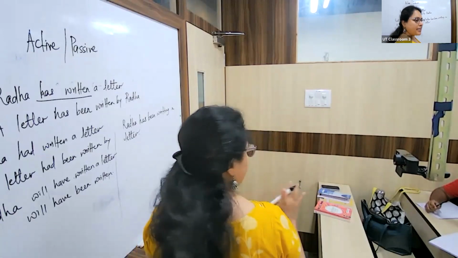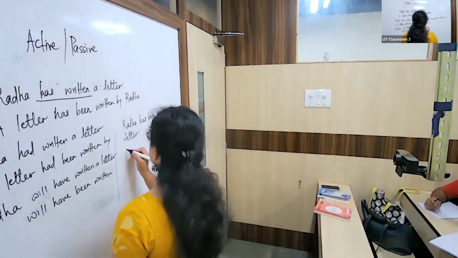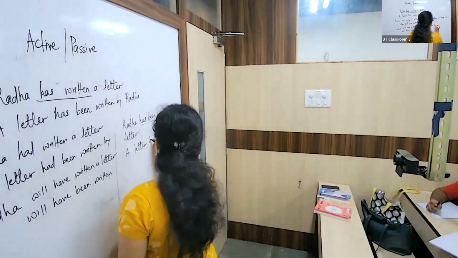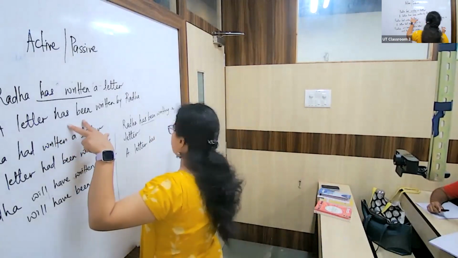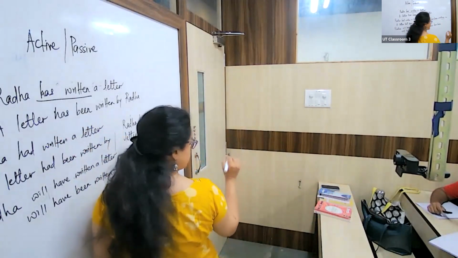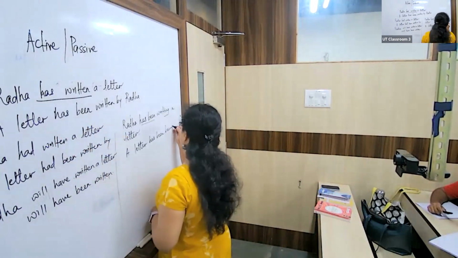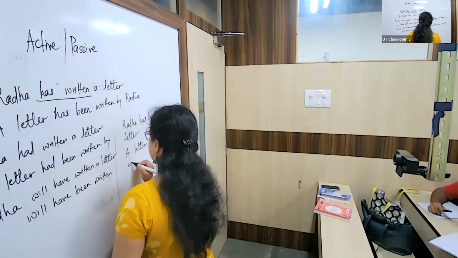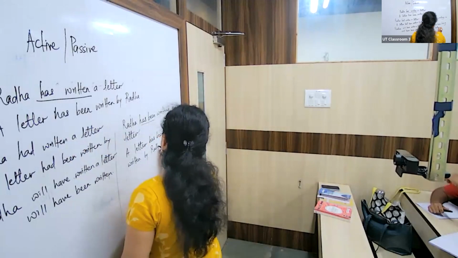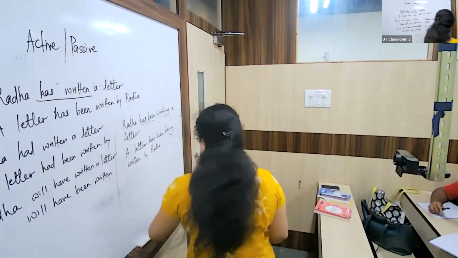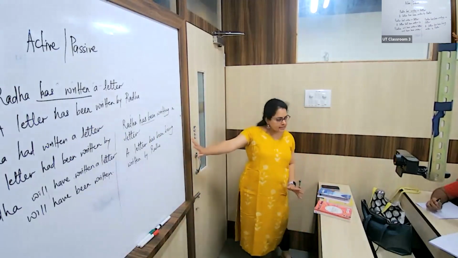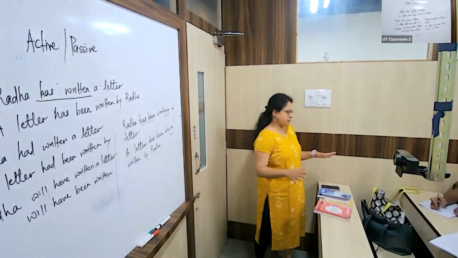Okay, this is again very rarely asked. Has been remains, and because this is ing, being comes before it. This is for your information. Write this example, but it is not asked very often.